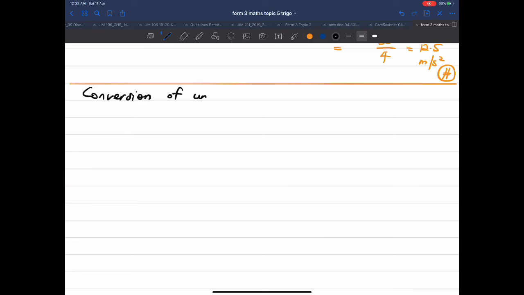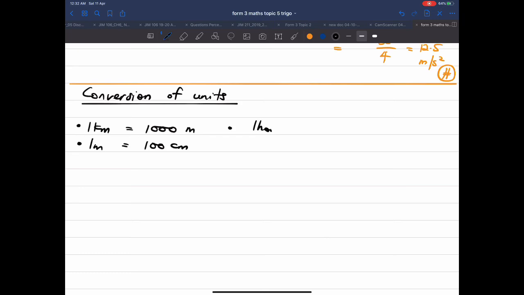Conversion of units. 1 kilometer is equal to 1000 meters, because I know some students still don't know this. 1 meter is equal to 100 centimeters. 1 hour is equal to 60 minutes, which equals 3600 seconds.